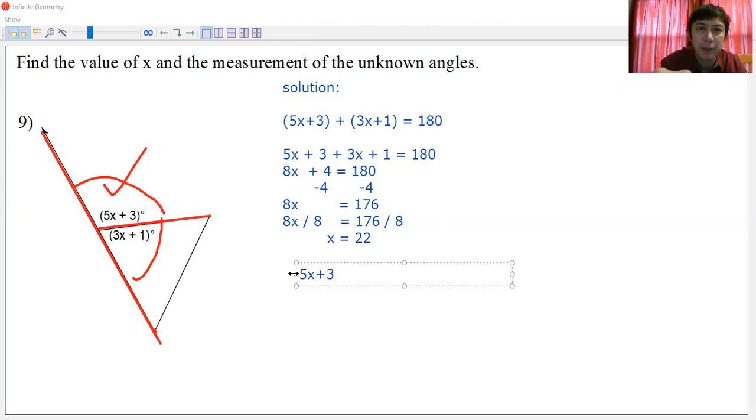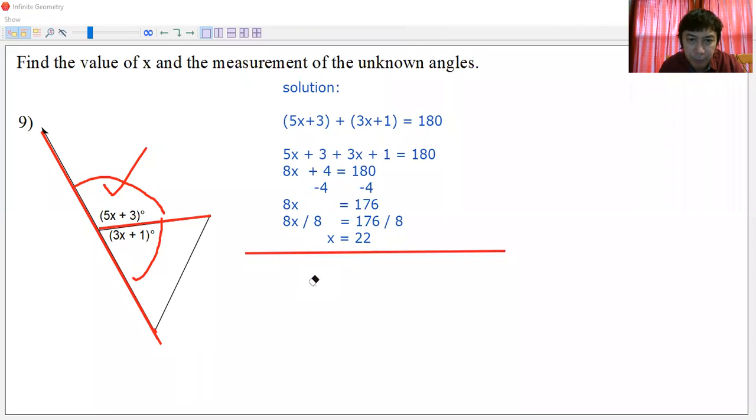We can put a line here to exclude the first solution from the second. So we continue with 5x plus 3, and we are going to substitute now the 22.